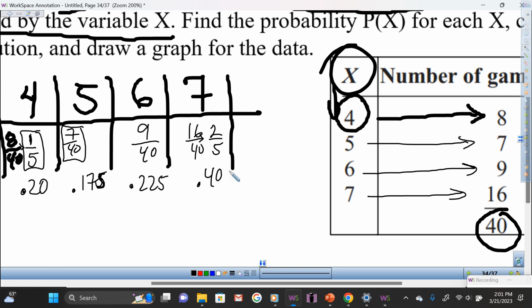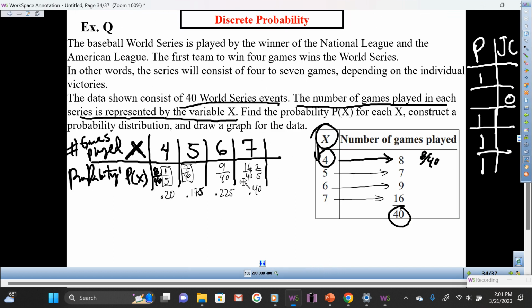All right. Question. Before we move on, because on the home plate it's going to come up. How can we check to see, pay attention to the words that I'm going to use, if this is a discrete probability distribution? Let me repeat that again.